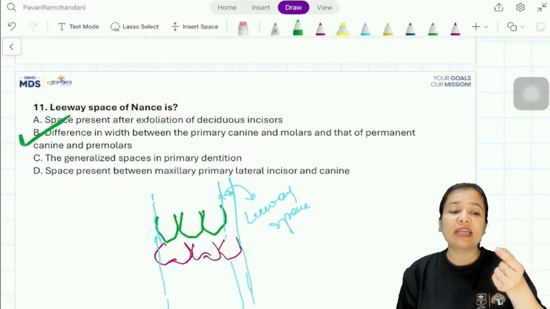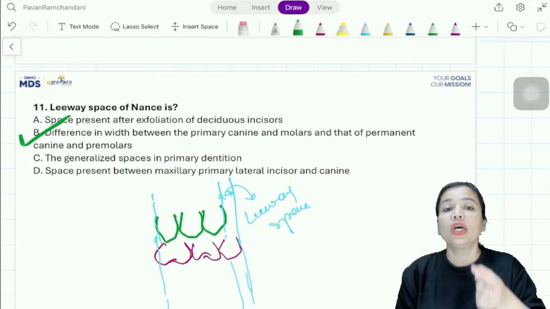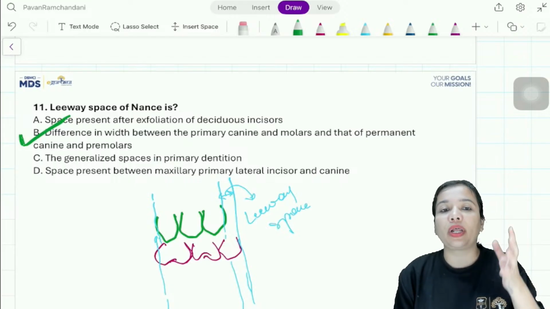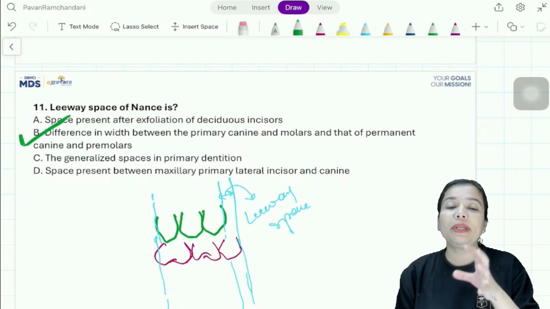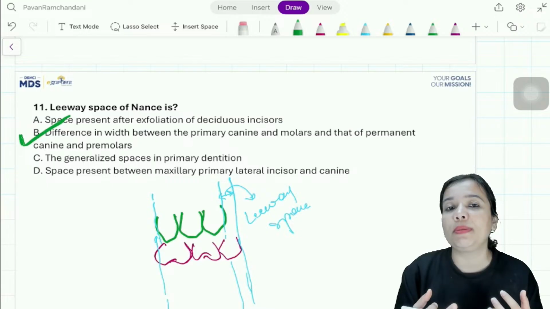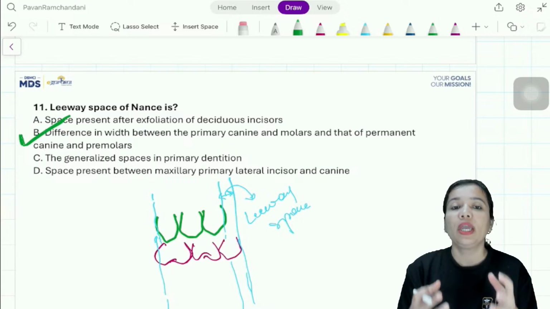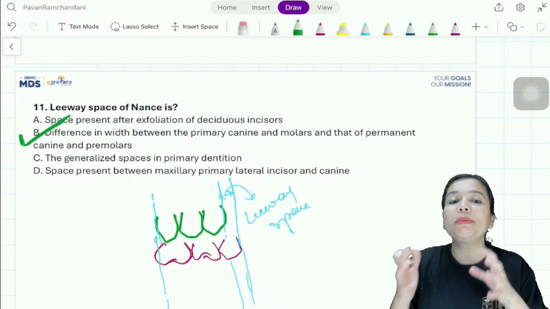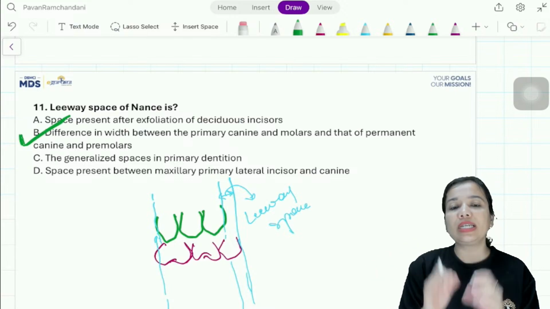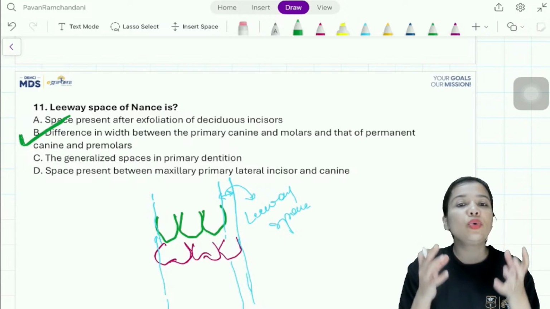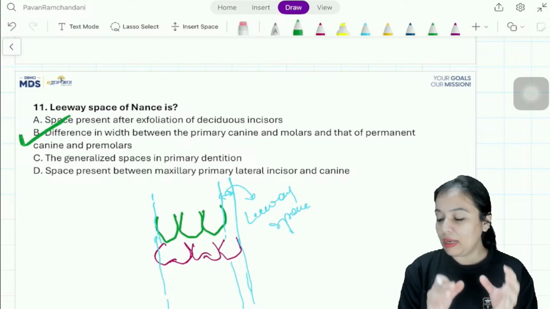With a pinpoint exposure, you try to arrest the bleeding. If the bleeding is arrested, that means the coronal pulp is healthy. If you are not able to arrest the bleeding, you have to go for pulpotomy. In caries exposure, most commonly you'll go for pulpotomy, but there are cases where you can still do DPC, where the bleeding gets controlled and there are signs that there is no inflammation in the coronal pulp also.